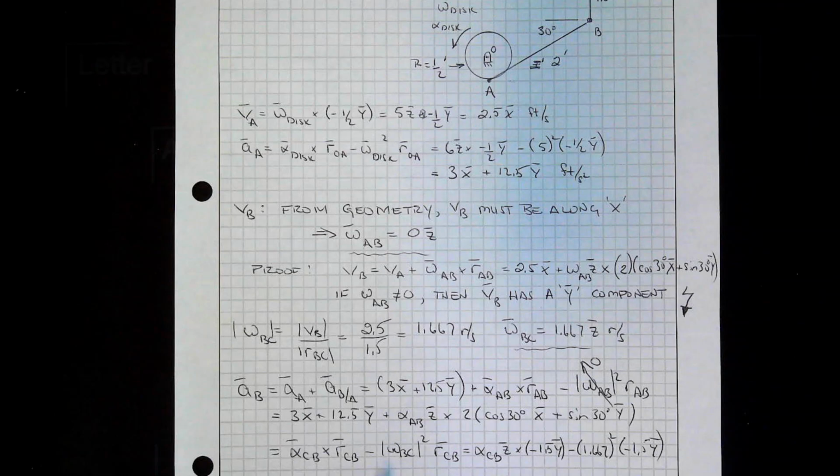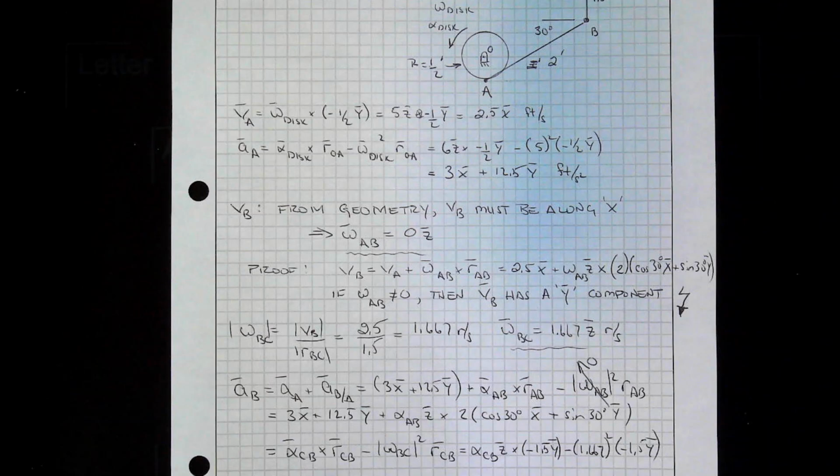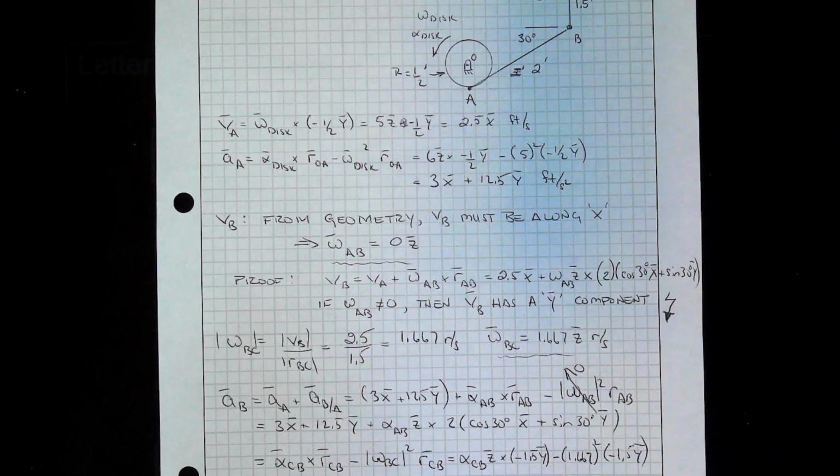I'm not going to bother mentioning velocity at O, it's obviously 0. So we have omega of the disk, which we'll assume is in the z, cross minus 1/2 y to get down. That's 5z cross minus 1/2 y, and we get 2.5x feet per second.